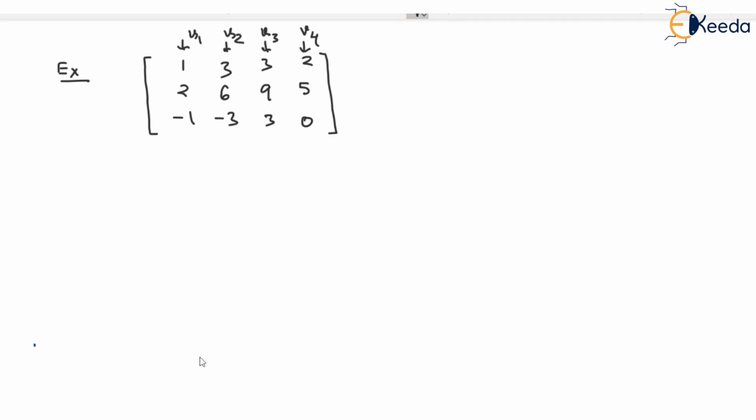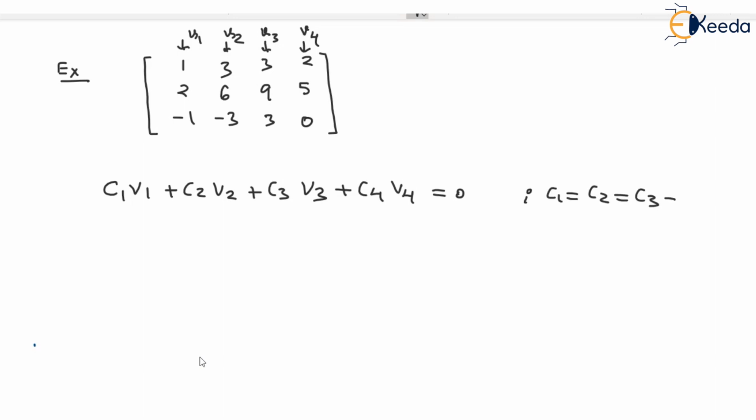Then of course this can be satisfied by c1 v1 plus c2 v2 plus c3 v3 plus c4 v4 equal to 0 for c1 equal to c2 equal to c3 equal to c4 equal to 0. But if we have another combination like 3 times of v1 minus v2, then also we'll get a solution to be 0.